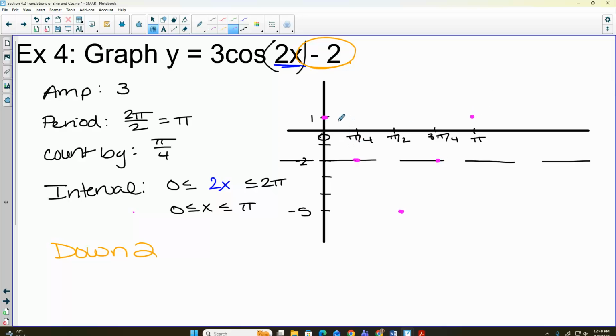I don't know why I did cosine on all these examples. Did I lose you there?